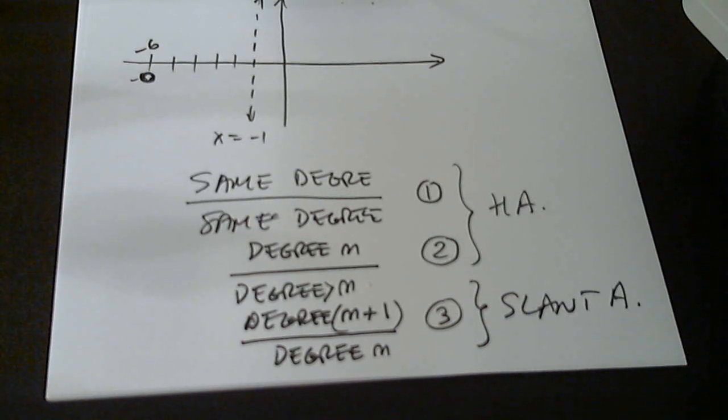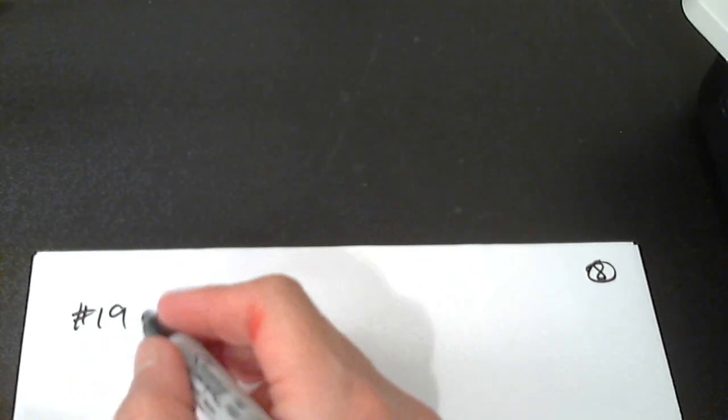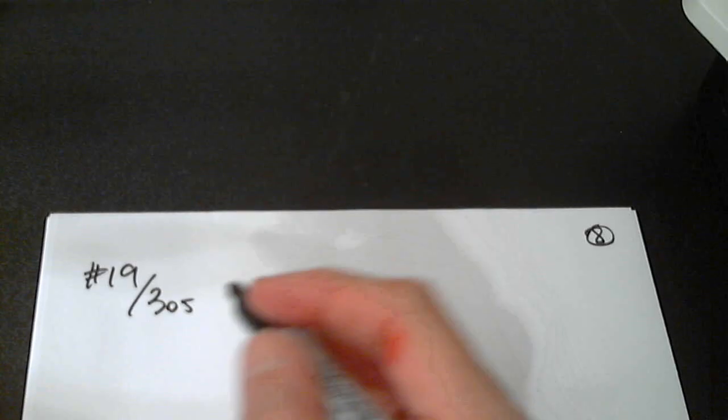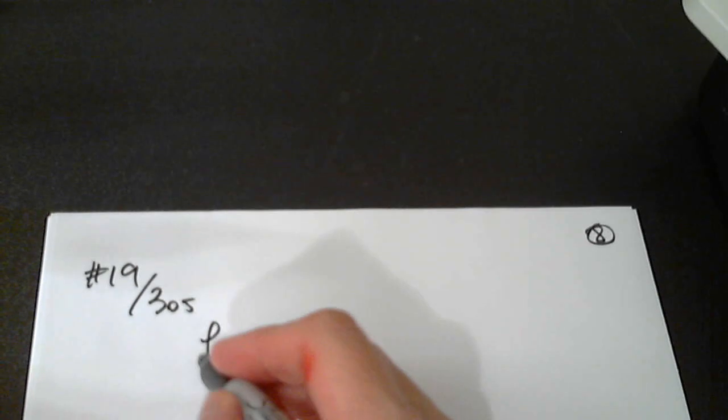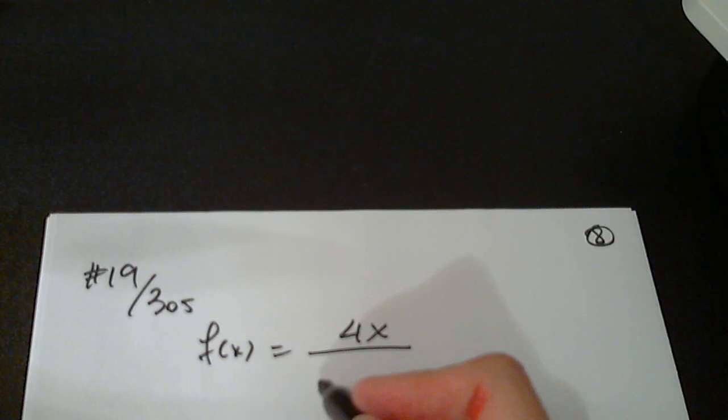Okay, so now allow me to choose this time, and then you will choose next time. So 19, the last problem for tonight. 19 on page 305: f of x equals 4x divided by x squared minus 3x.